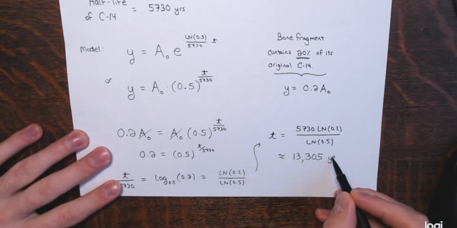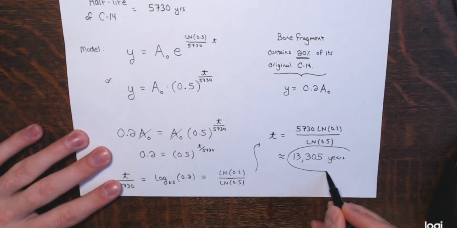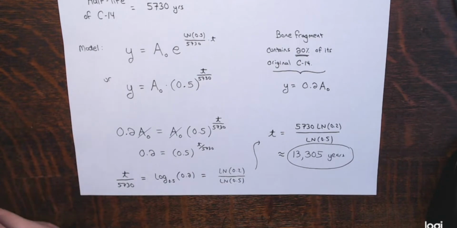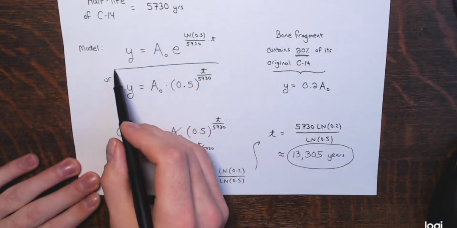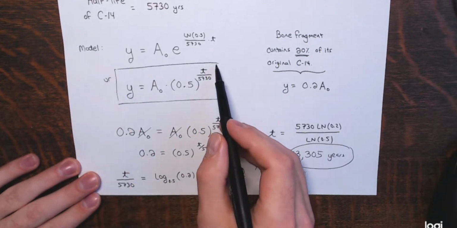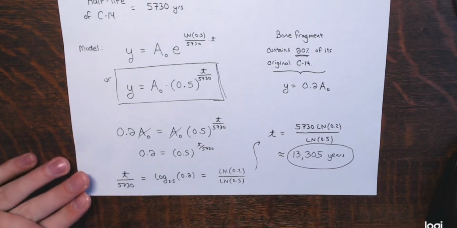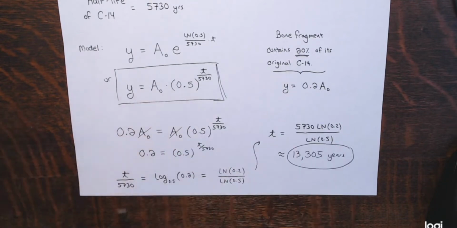That's how long the animal who had this bone has been deceased. Again, the key is to know the model, and we set this model up back in example 2. I'm just using that and the information they gave to find how long that thing has been decaying.